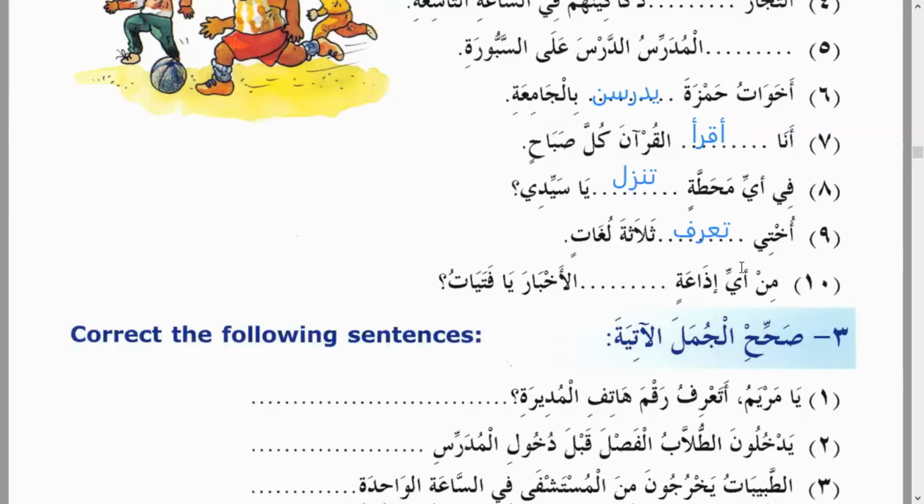Next, من أي إذاعة تسمعن الأخبار يا فتيات. Here, yes, yes. Careful with this. If you're not understanding, this word might be confusing. Fatayat. Young boys is fityatun. Naam. Young girls.